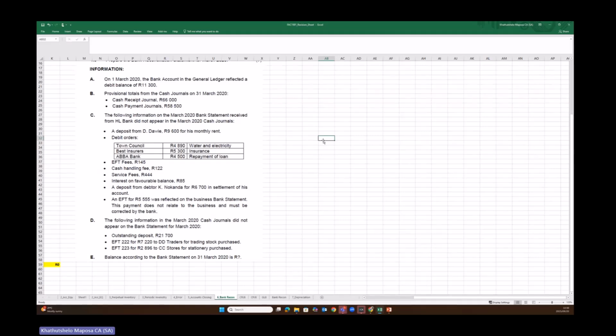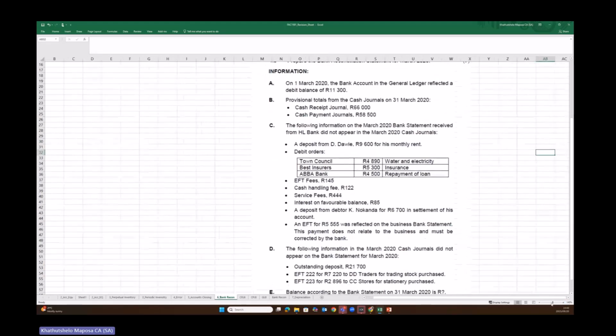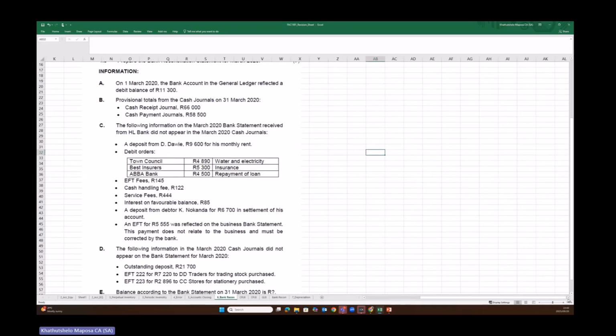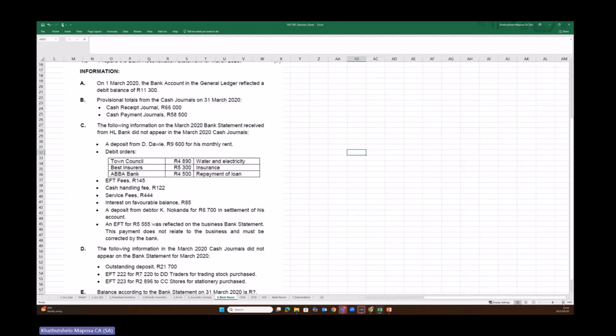And when you are recording, I'm telling you at a high level now, things that are missing on the general ledger, we just record them either on the cash receipts journal or the cash payment journal accordingly.